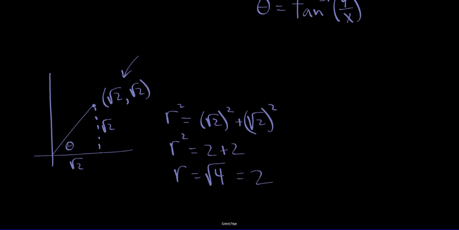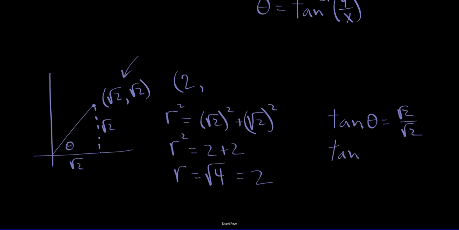So here's what we have. We have square root of 2, square root of 2, and what we want to do is write it in terms of r, theta. So I've got a 2 right here. Now what I need is the theta. Well, I know that tangent theta is equal to the square root of 2 over the square root of 2, opposite over adjacent. That's 1, of course.